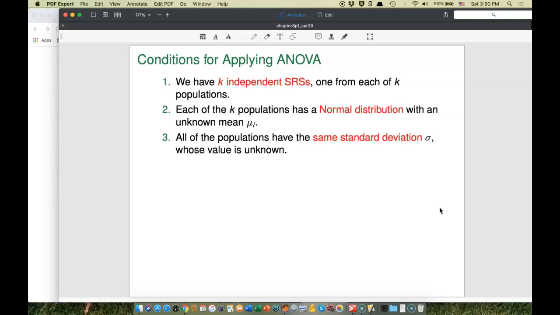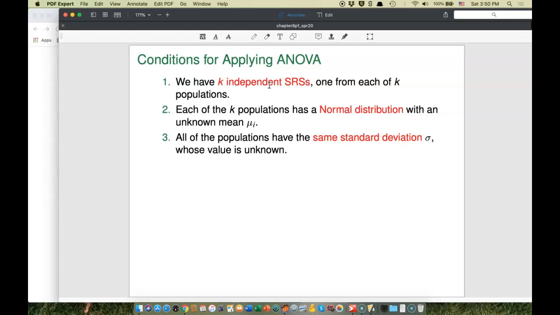On the other hand, if we're doing an observational study, a longitudinal study like a national health study, then we probably do have existing populations and we're comparing groups. Okay, so second, each of the k populations has a normal distribution with an unknown mean.